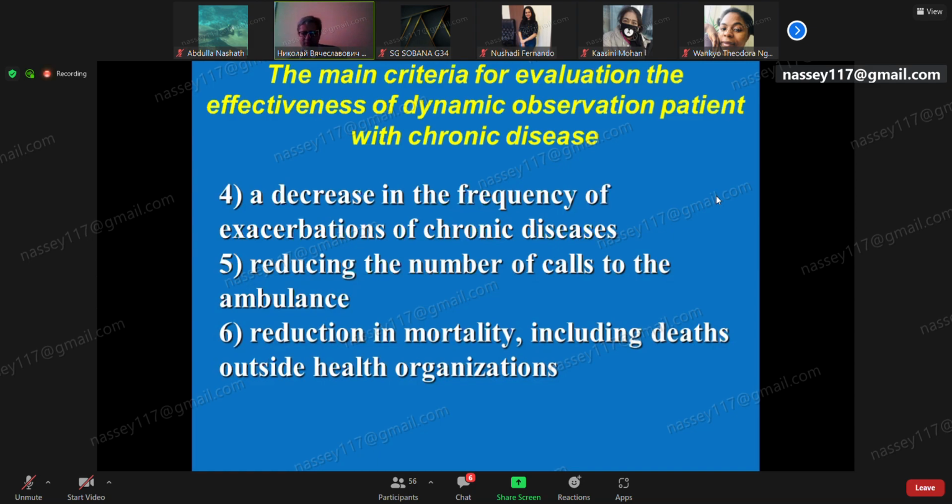For example, exacerbations of bronchial asthma due to viral infections, or exacerbations of peptic ulcer due to emotional stress or any other health problems.